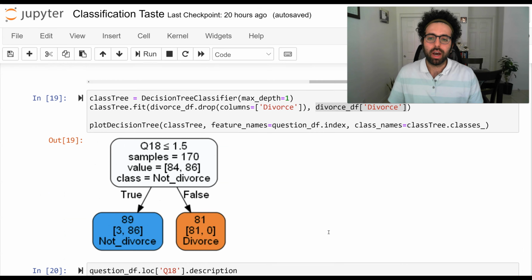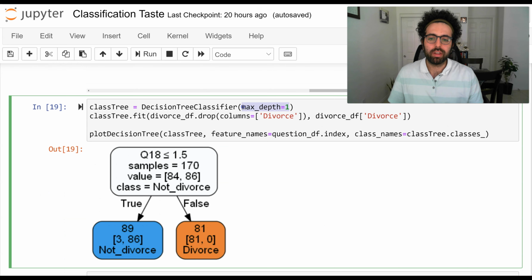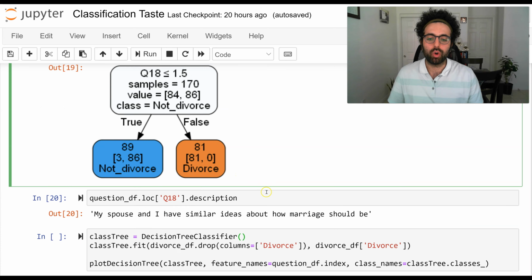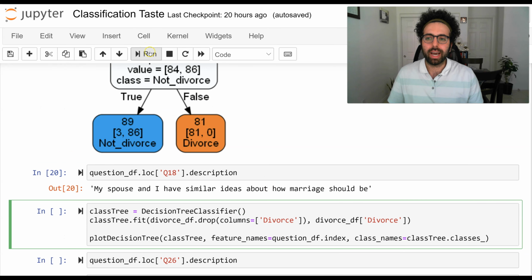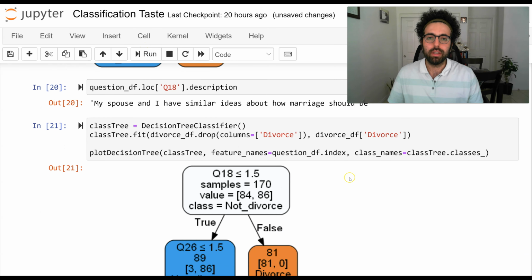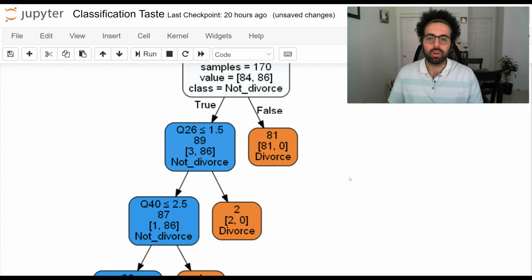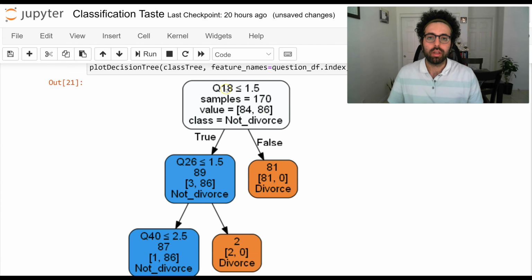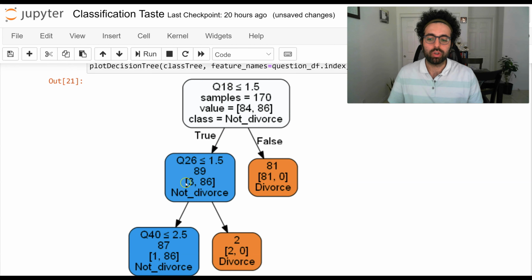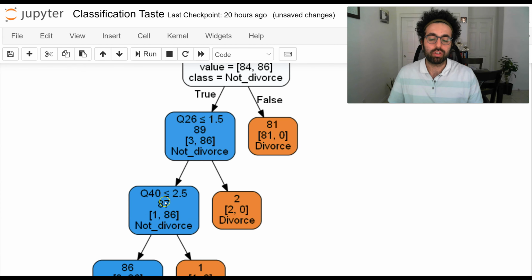So now I want to remove this max depth of 1. I want to let the decision tree do its thing. Whatever you want to do, go ahead and do it. So I do that, and then the decision tree becomes a little bit more complex or deeper. It uses Q18, Q26, and Q40 to answer this.